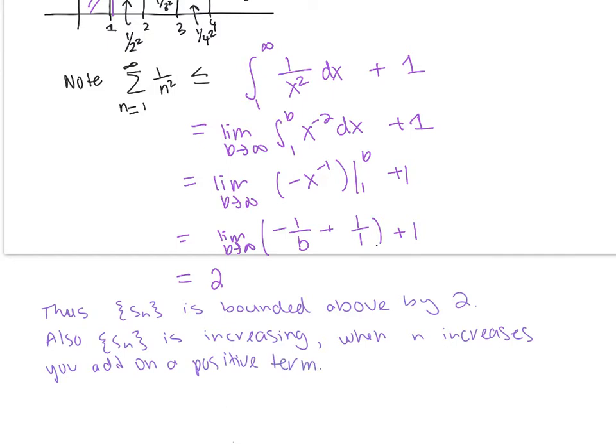And a sequence that's bounded and increasing will converge by the monotonic sequence theorem from section 11.1. So thus, the sequence of partial sums, S_n, converges by the monotonic sequence theorem.